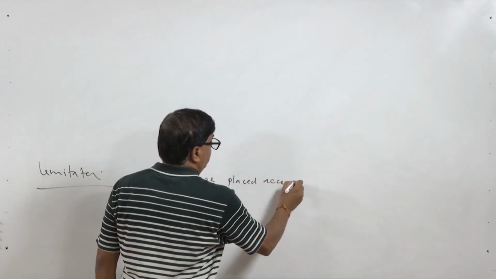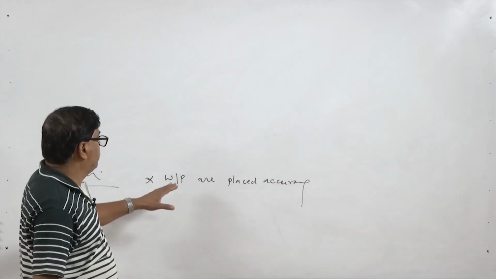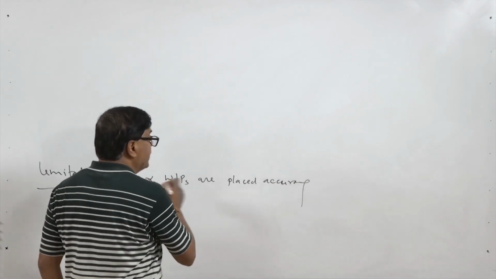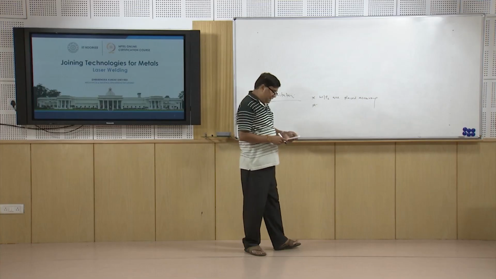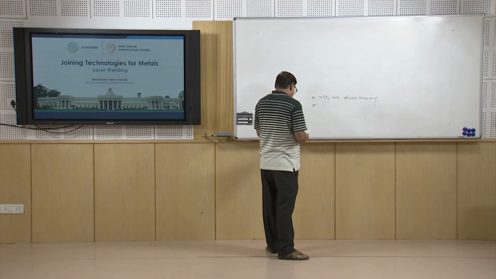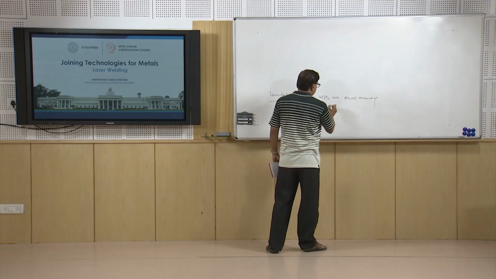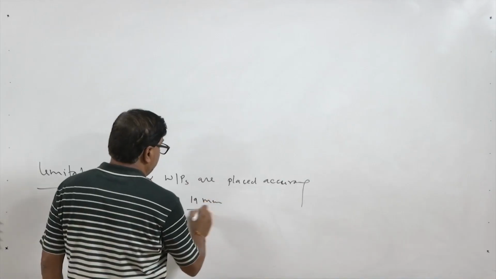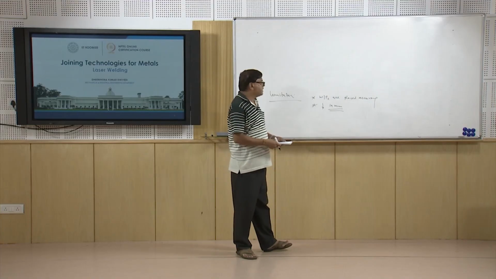Otherwise, the beam will pass from somewhere else. So, workpieces must be placed accurately to ensure that the beam passes through the center line of the weld. Also, there is very limited penetration, normally up to 19 mm only. Through thickness penetration welds can be made, and it is very common.